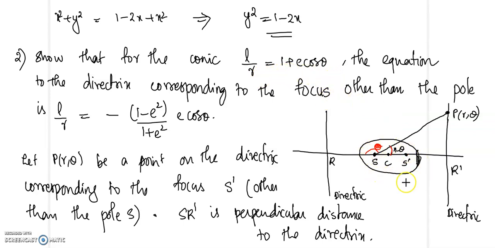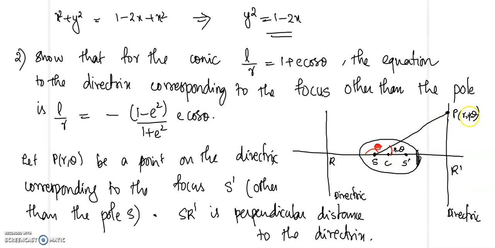So let us first of all define the quantities in this figure. Here S is our pole. S and S dash both are foci and we have taken two directrices R and R dash. So these are the two directrices of the conic and we need to find the equation of this directrix.